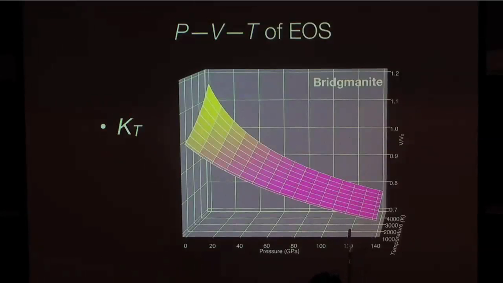The slope of the curve would be the bulk modulus, which is related to compressibility. Bulk modulus is not truly the inverse of the compressibility, but related to that, right? Make sense? So it defines the slope along this direction.